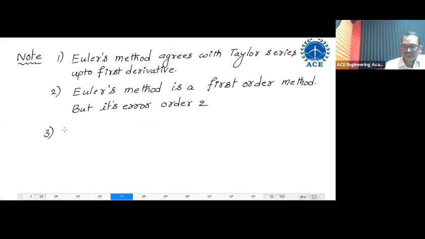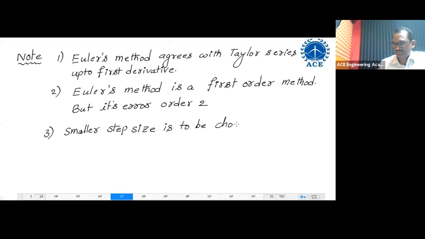So we can write like this: smaller step size is to be chosen for greater accuracy.